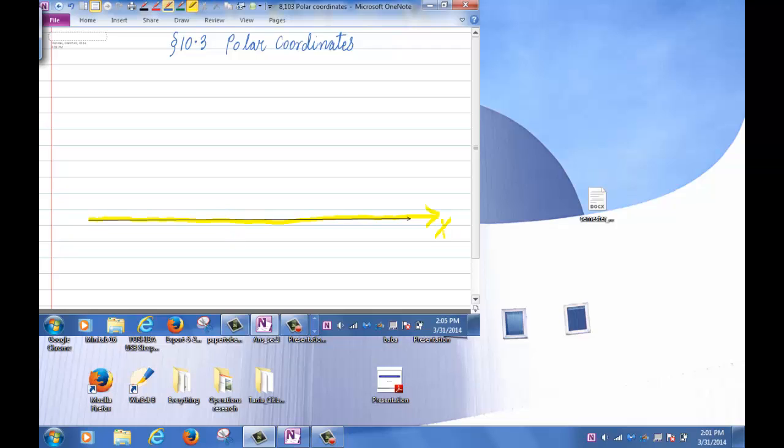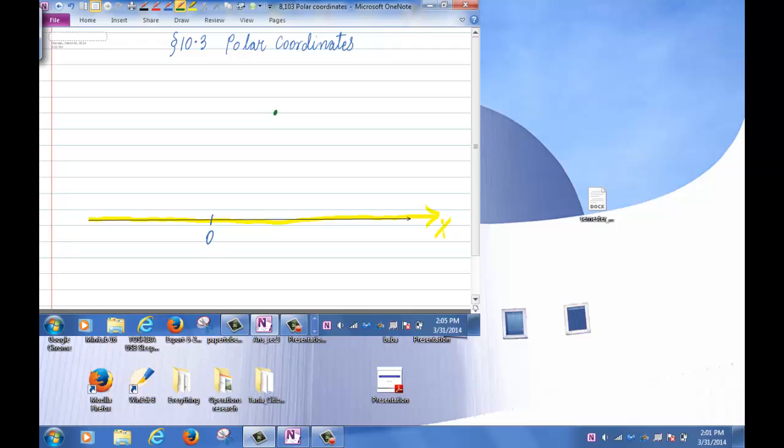Number 0 is represented by that point. Now the black arrow, that's another copy of the real number line, and I'm going to call that the polar axis, right? So if I have a point P somewhere, let's say right here, the question would be, what are the polar coordinates of this point?